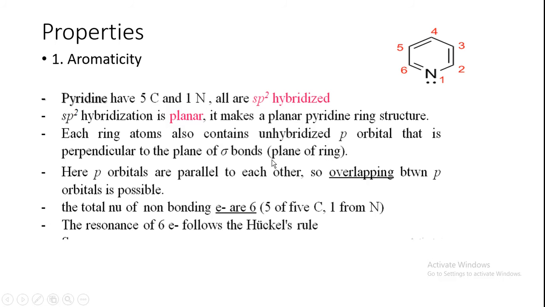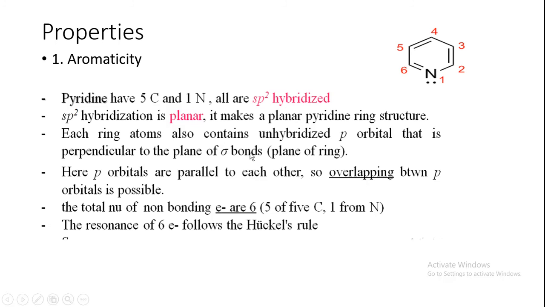So the sigma or single bonds constitute the plane of the ring, and the p orbitals are perpendicular to that plane. Here the p orbitals are parallel to each other, and due to that they form the double bonds.